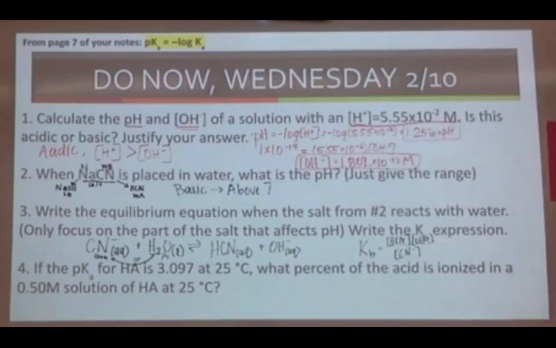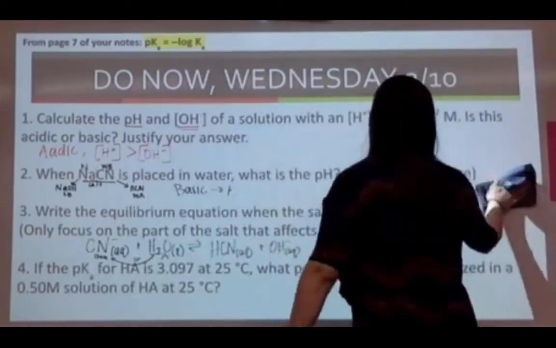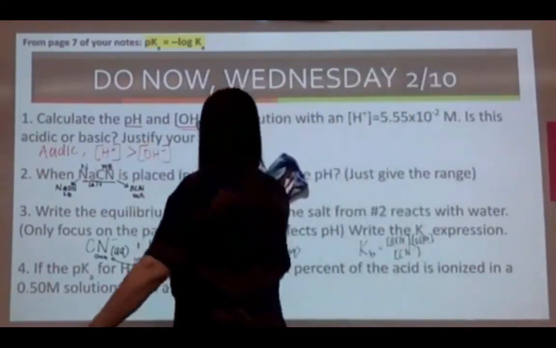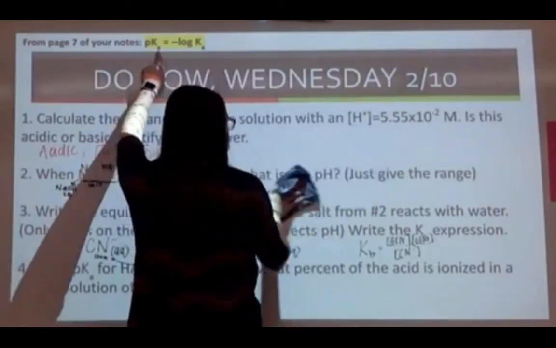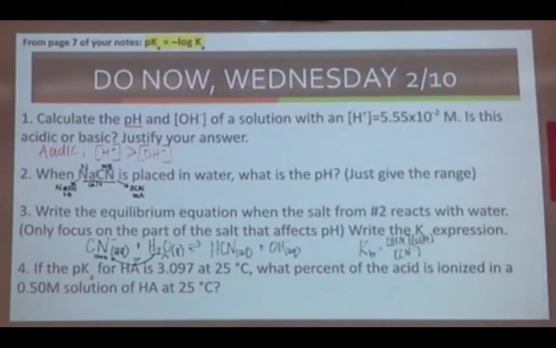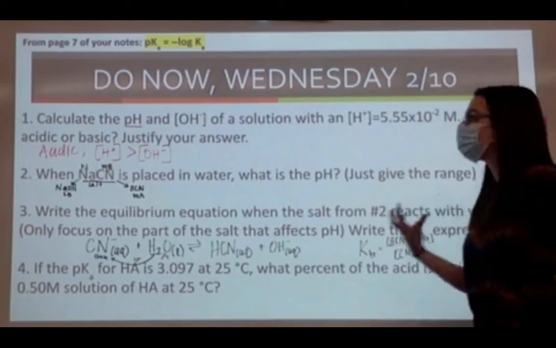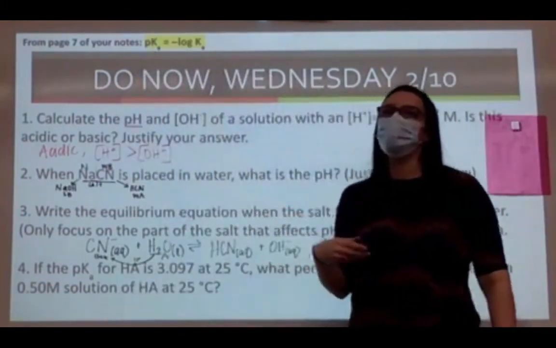So there's one thing, I put it at the very top of the screen, from page 7 of your notes. On page 7 of your notes, you had this equation right here: pKa equals negative log of Ka. You also have that as the very last line of equilibrium on your equation sheet. College Board likes representing Ka values as pKa.